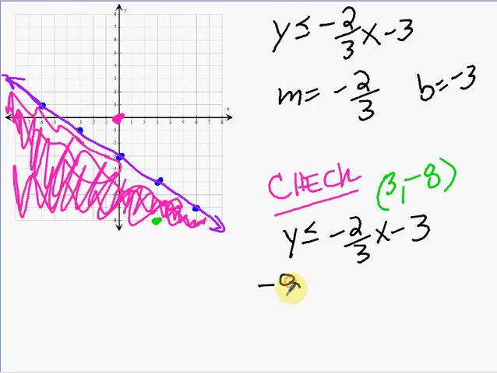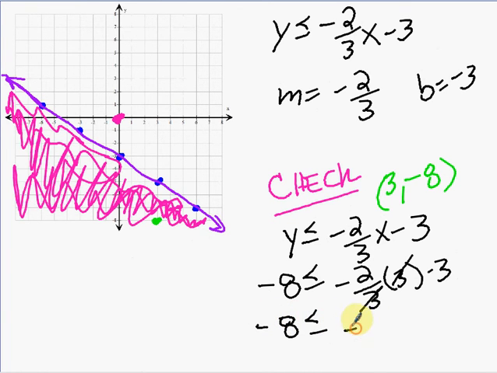So -8 is our y. -2/3 times 3 minus 3. The 3's will cancel out. That's good. That's why I picked that point. So I have -8 is less than or equal to -2 minus 3, and that becomes -8 is less than or equal to -5.